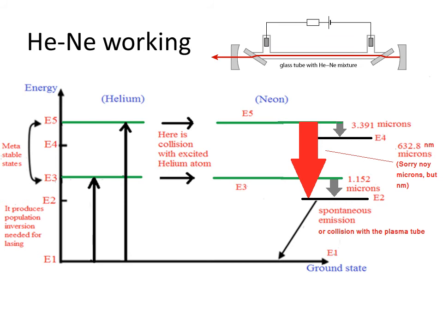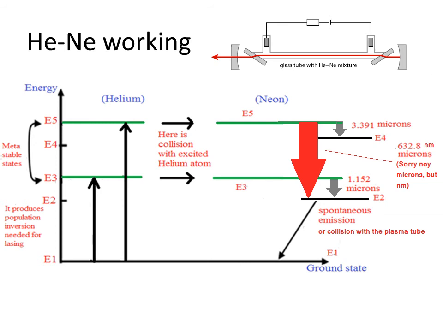Other possible emissions are 3.391 microns, which is a longer wavelength, and then 1.152 micron, which is again longer compared to the 632.8 nanometer. At a time it can be made to operate only at a single wavelength. If it is made to operate at 3.391 microns, then the upper laser level is E5 and the lower laser level is E4.